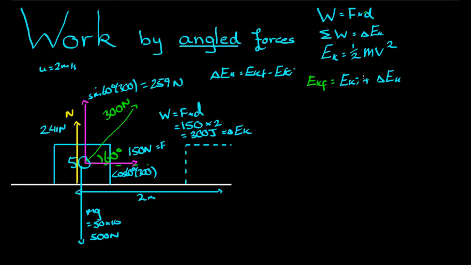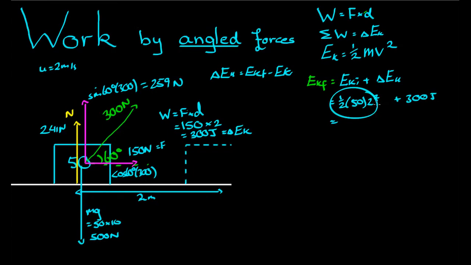And the initial kinetic energy, it was 0 in the previous question, but in this question, since there is some starting initial velocity that's not 0, the initial kinetic energy is going to be 1/2 times 50 times 2 squared, and then we add on our 300 joules for the change in kinetic energy.